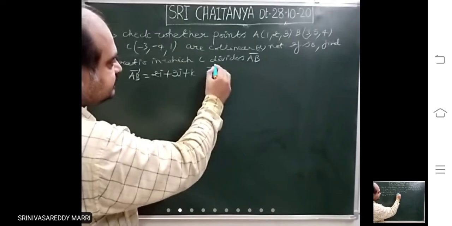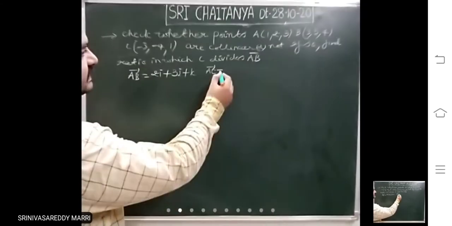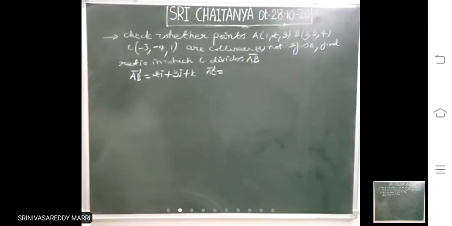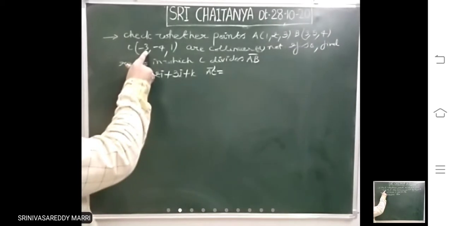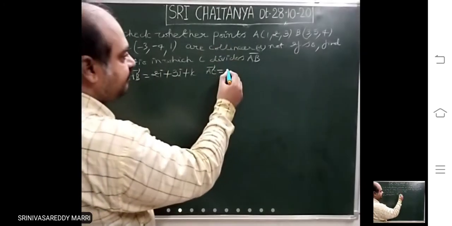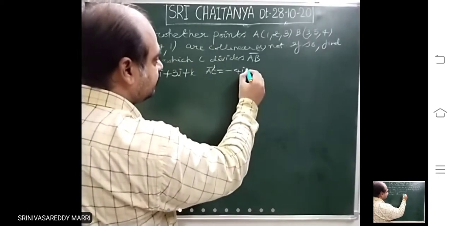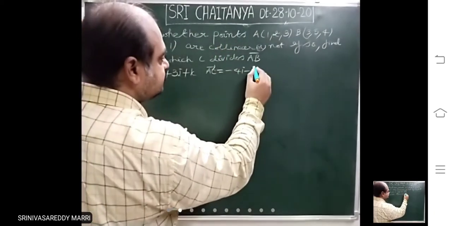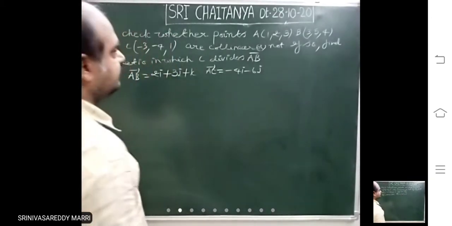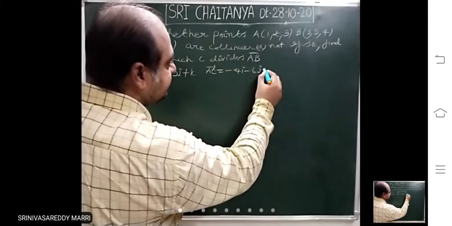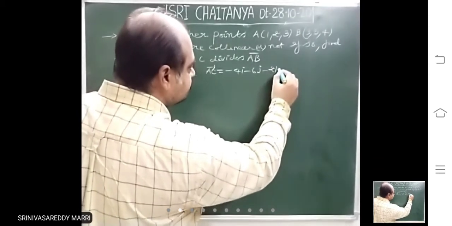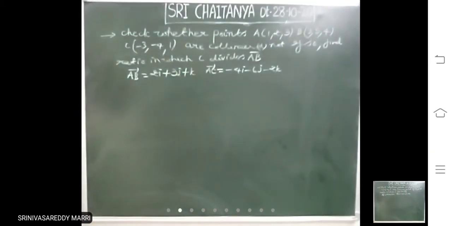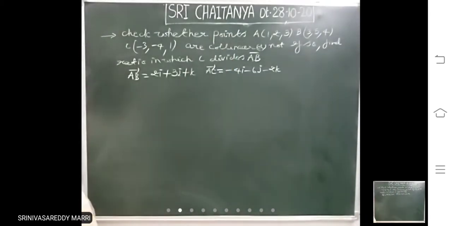And then you calculate AC bar. AC bar is nothing but OC bar minus OA bar. That means minus 3i minus i, that is minus 4i, minus 4j minus 2j, that is minus 6j, plus k minus 3k, that is minus 2k. If these two vectors are collinear, then those 3 points will be collinear.